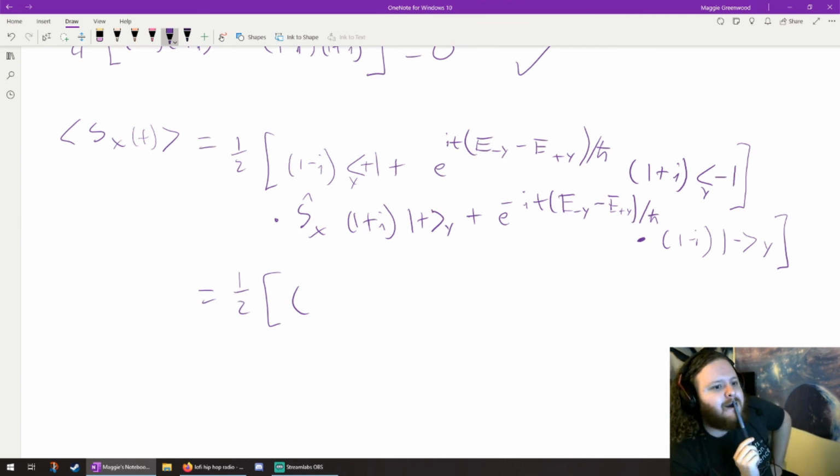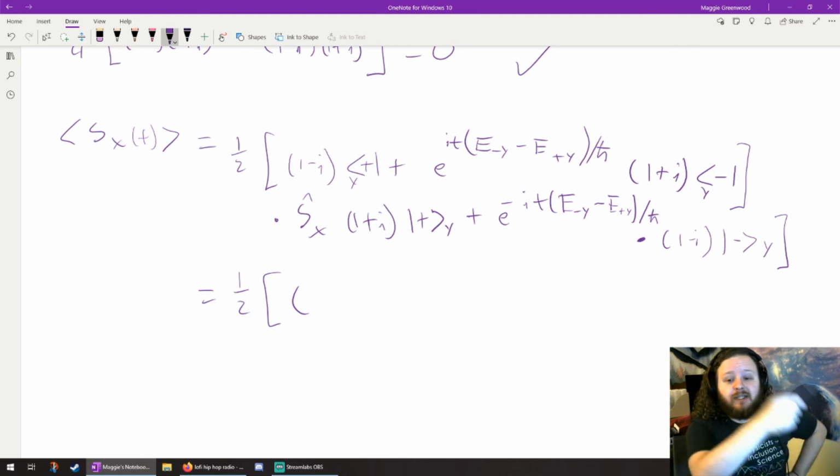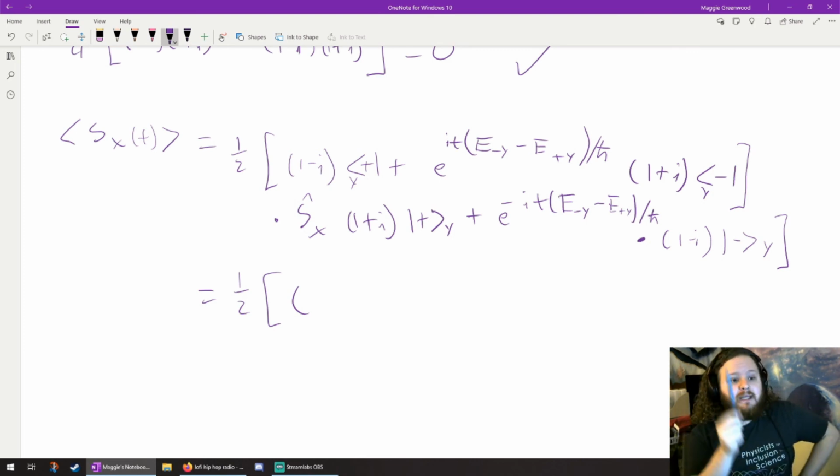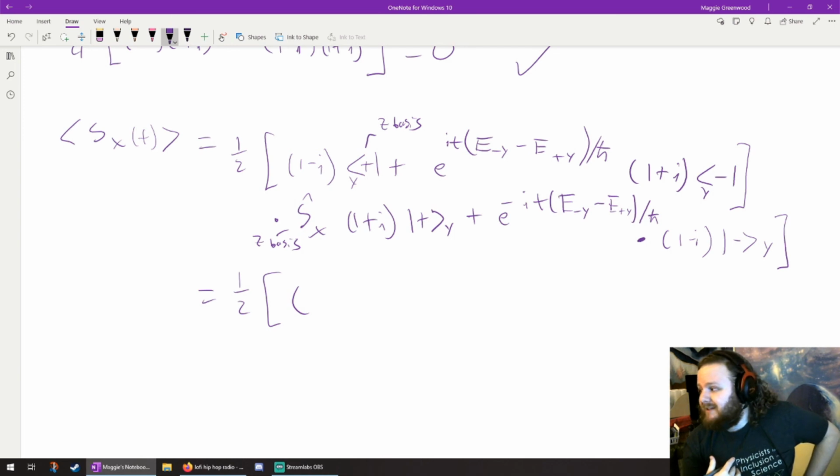I can write down plus y as my 1, 0 vector, or I can write down what plus y is and keep all of these matrices written in the z basis, and I think that's the best thing for me to do. Because if I write down this thing in the z basis, that means I get to use this thing written in the z basis, and I know what Sx looks like in the z basis. Don't ever write your matrices not in the z basis.